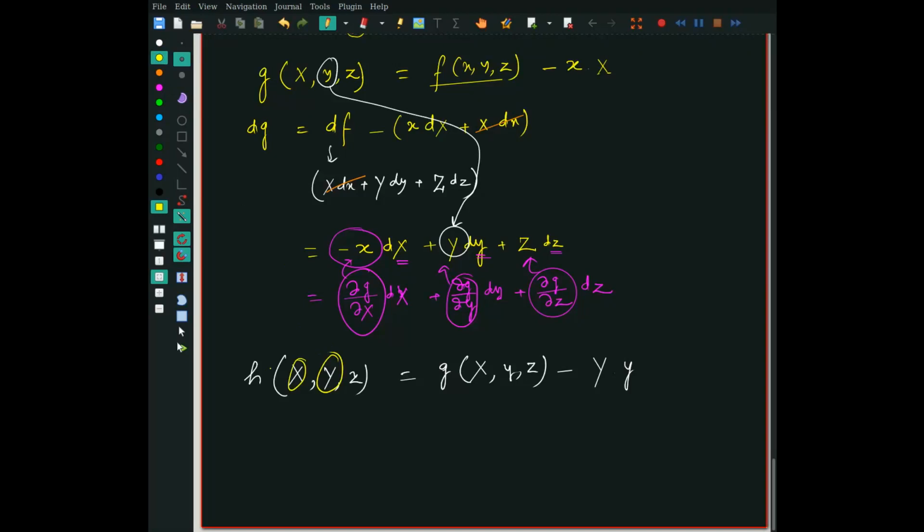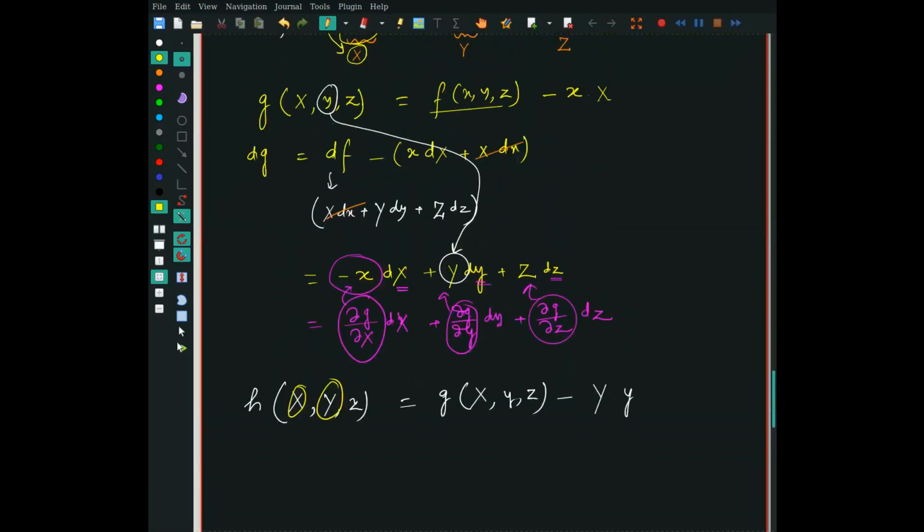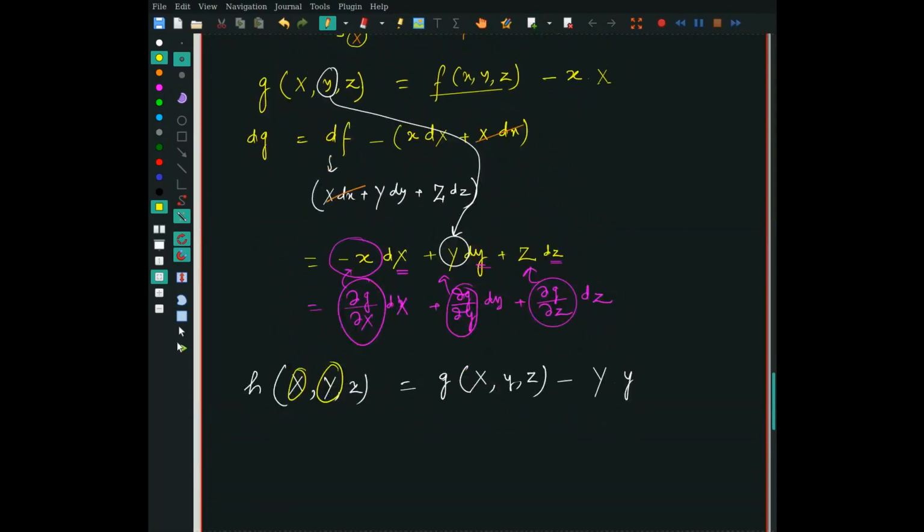Now, first of all, you should notice that if you do two consecutive Legendre transformations of the same nature, then you get the same function back. For example, suppose you had g of X, y, z here. If you want to do again a Legendre transformation with that, then what is this?